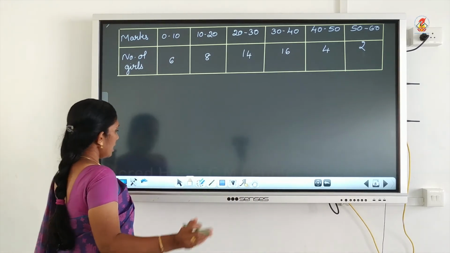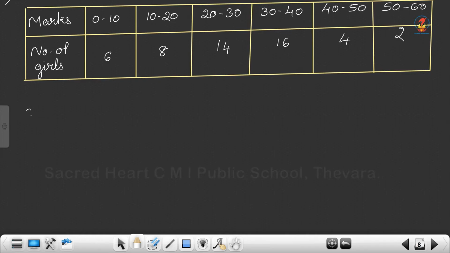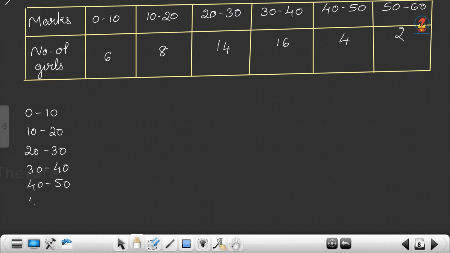So we can draw the table: 0 to 10 as the class interval, 10 to 20, 20 30, then 30 40, 40 50, and the last is 50 60. Now the frequencies fi, that is 6, 8, 14, 16, 4, 2.